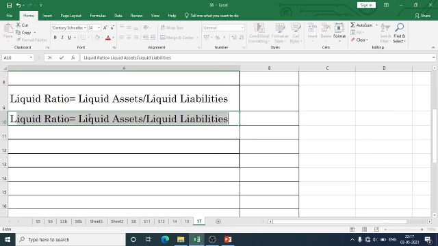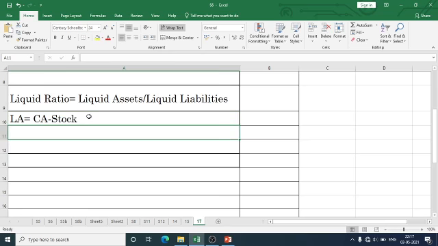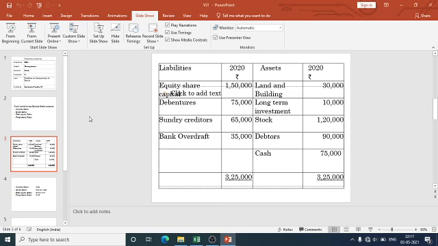Now liquid asset is equal to current asset minus stock as well as prepaid expenses, but prepaid expense is not here. So the value of current asset is 2,85,000 minus stock value. So stock value is 1,20,000.